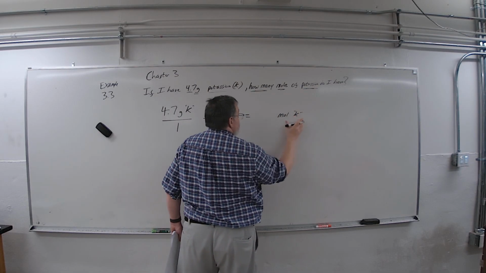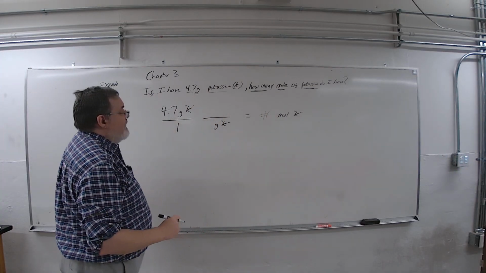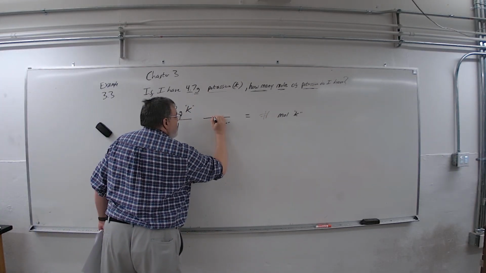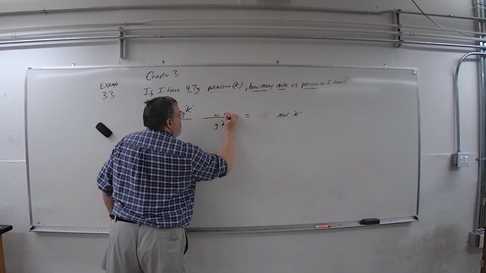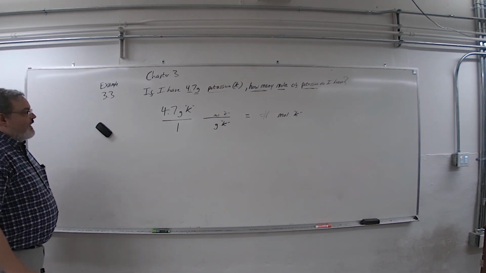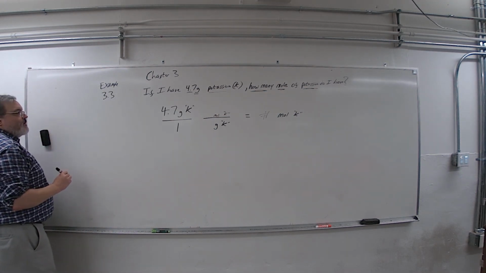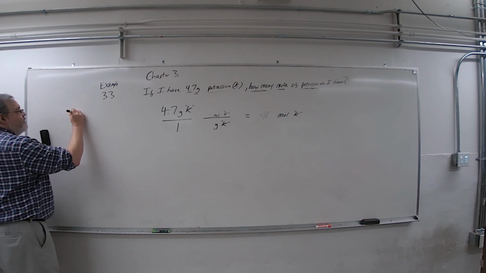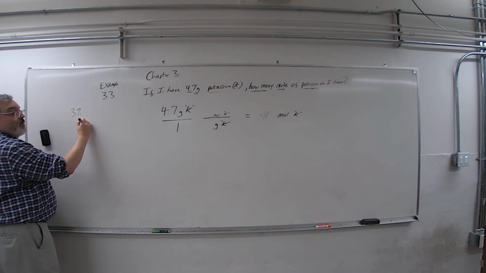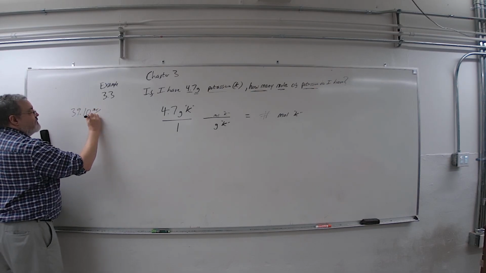I can go ahead and write that, to say there's got to be a numerical value there. So that tells me I need moles of K there. Okay, if you look on the periodic table, what do you see for K? 39 point what? 39.10.